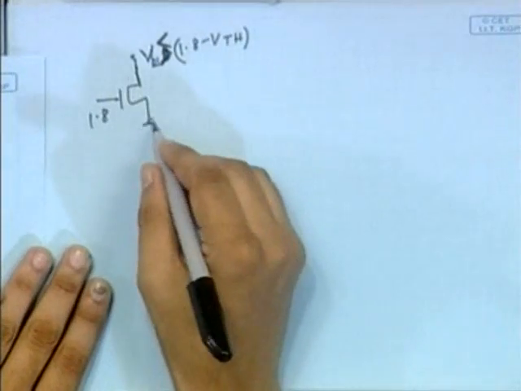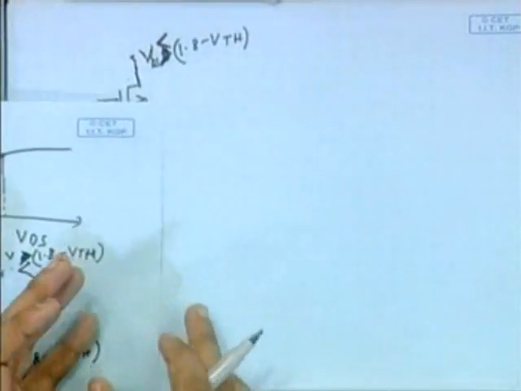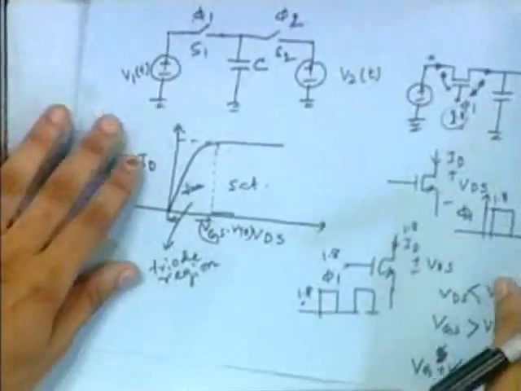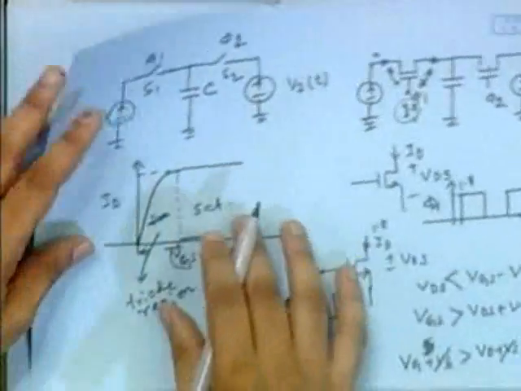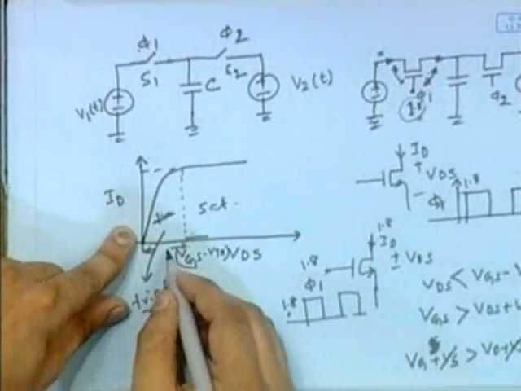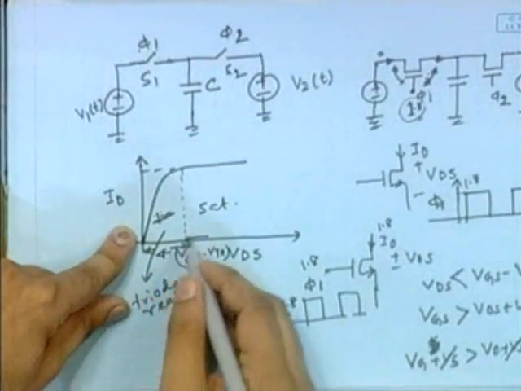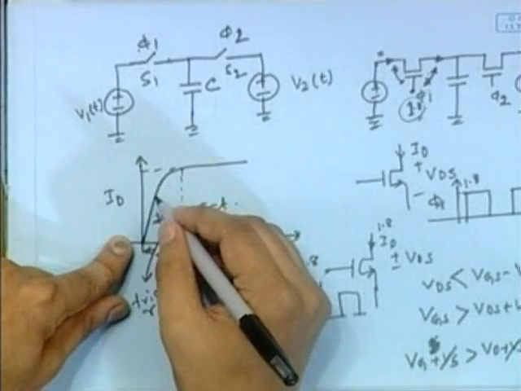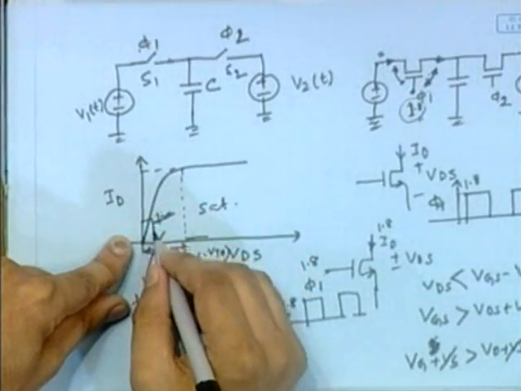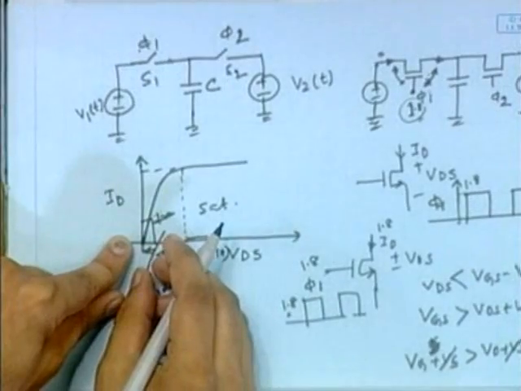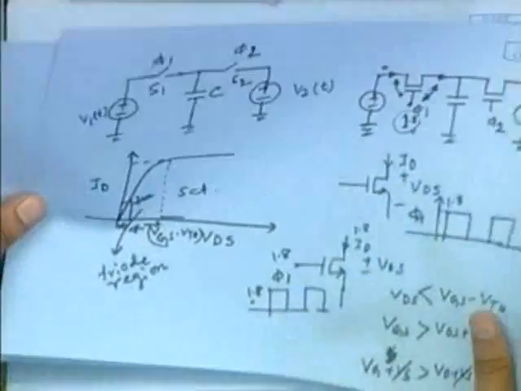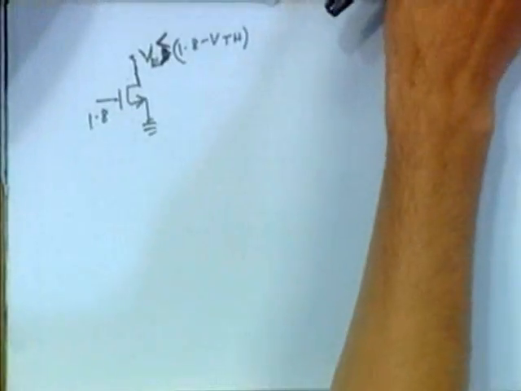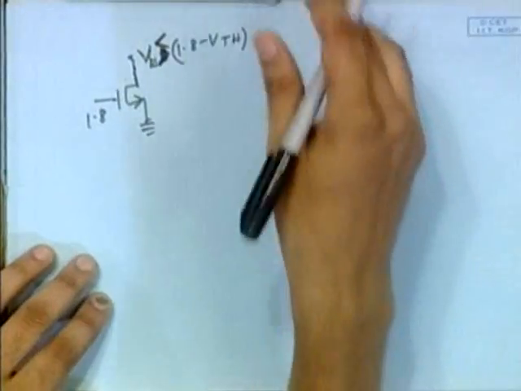If we maintain this condition, these switches will be in the triode region. Now this is the curve. If it is in deep triode region, VDS is very small here, and in that case we can have a very good switch. So to design a switch, we have to always keep the MOS in the triode region.